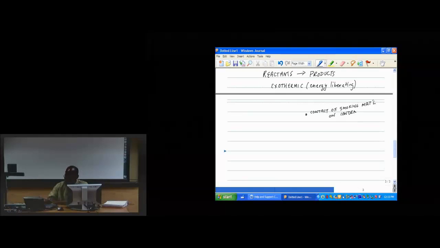The possibility exists that we may get something called a smoldering reaction. And we'll talk about what smoldering is, but smoldering at the basic level is a surface type reaction where we don't see gas phase flaming and gas phase reactions.